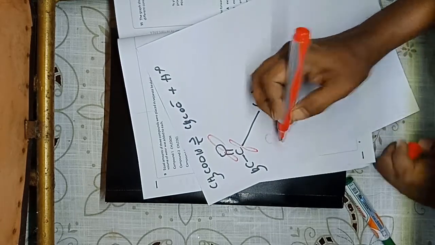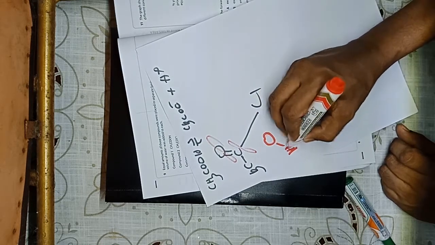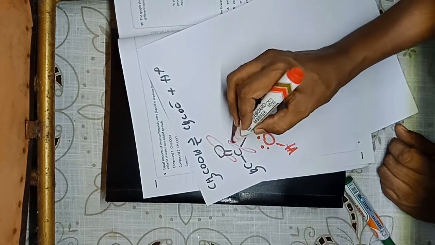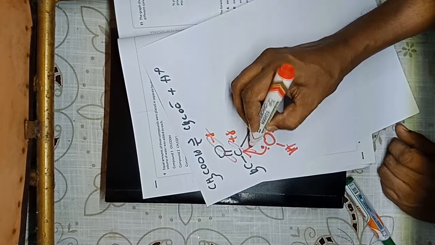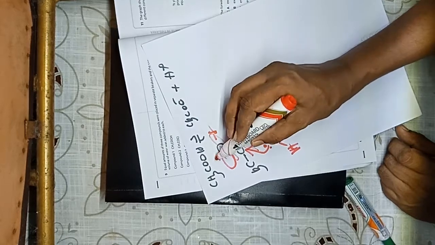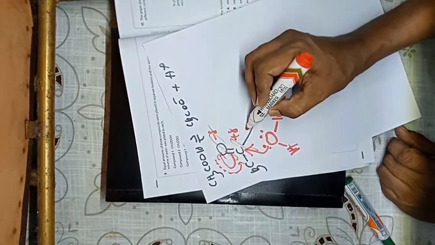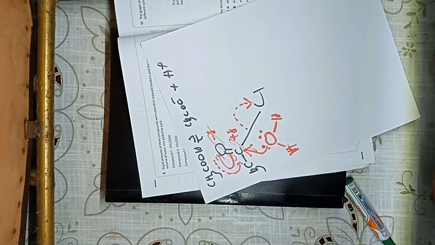Then once it is dissolved in water, the nucleophile water nucleophilically reaches the delta plus carbonyl carbon. Then the pi bond breaks first, followed by, when it forms back, the C-Cl bond being broken.